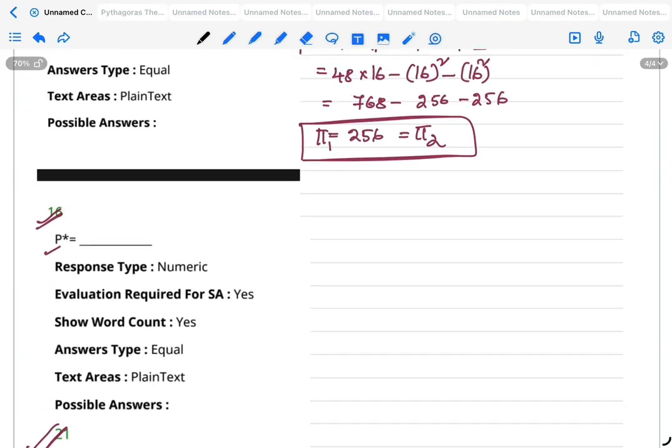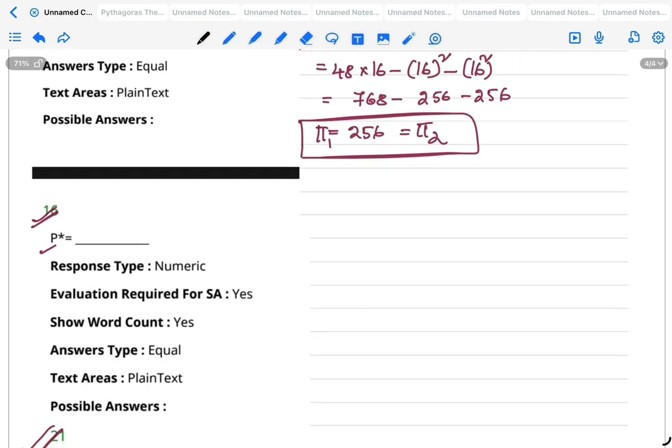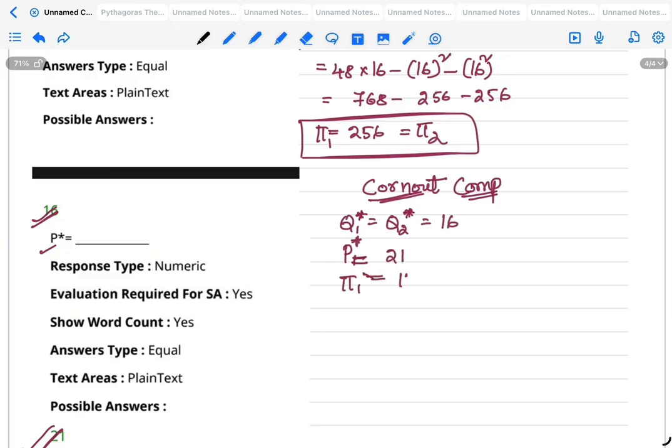So you have to remember in Cournot competition, in this question in particular, Q1 star equals Q2 star equals 16, P star equals 21, and pi 1 equals pi 2, both equal 256.